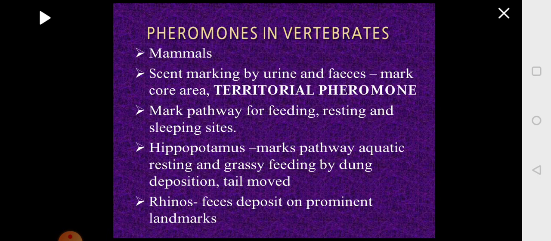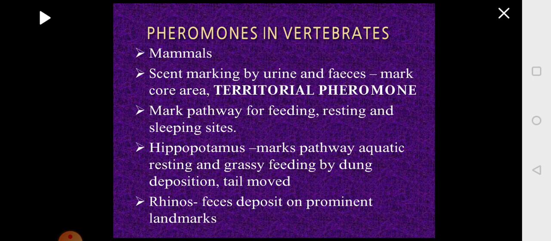So basically either it is to locate the food or to defend the colony or for the purpose of slave raid, for recruiting and to chase away the predator. Now we shall look at the pheromones in vertebrates.